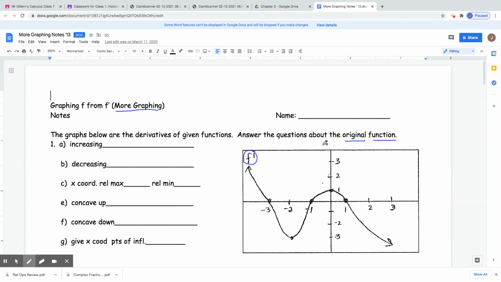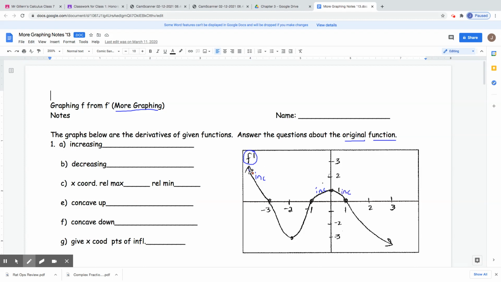Now, remember, where the first derivative was positive, that's where the original was increasing. Positive means the y value is positive, right? Well, where's the y value positive? Wherever the graph is above the x-axis. So anywhere that's above the x-axis, I'm going to label as increasing.